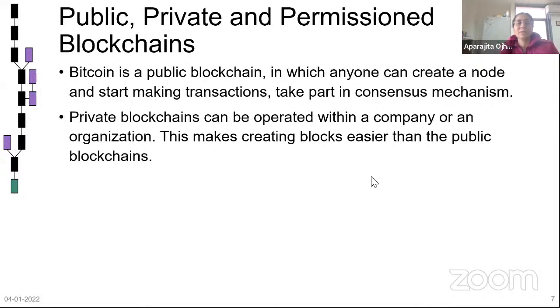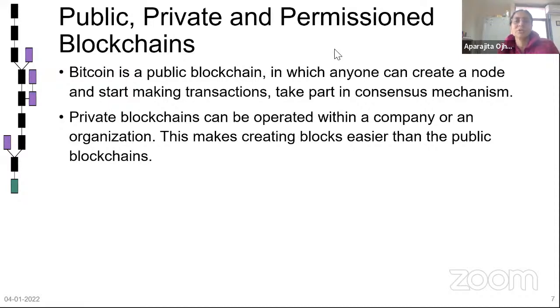Somebody is asking, Vinayak is asking, is Bitcoin a blockchain or a cryptocurrency? Bitcoin is a cryptocurrency, and Bitcoin uses as its backend a blockchain, which is known as the Bitcoin blockchain, or in short, we sometimes say Bitcoin, right?